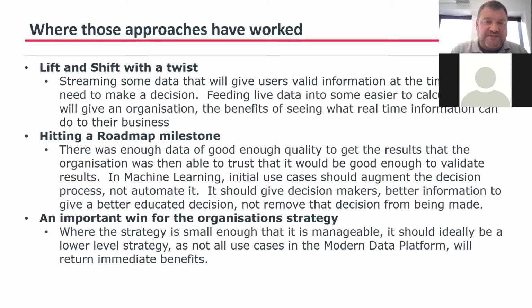Hitting a roadmap milestone, something like machine learning, where it's really worked well is where the users are already doing the decision-making on data at the moment. What they're really wanting to do is get scale. We've got a customer who we presented with at a health conference last year, where they were already looking at the data and manually making the decisions on it.